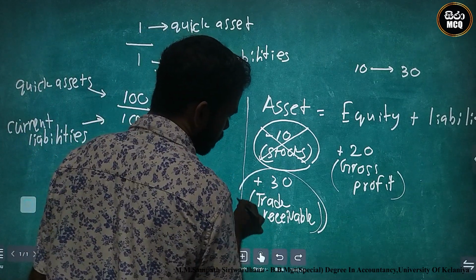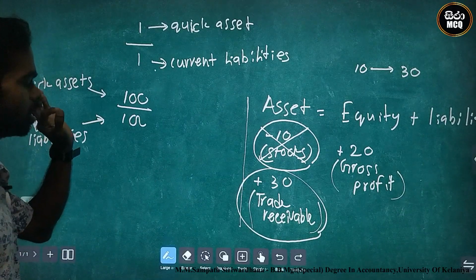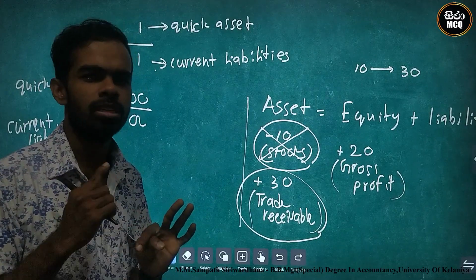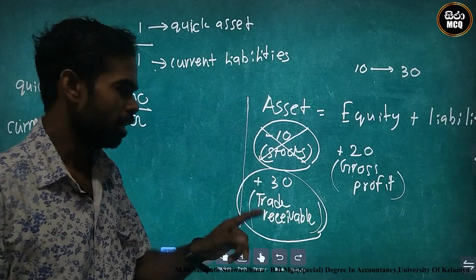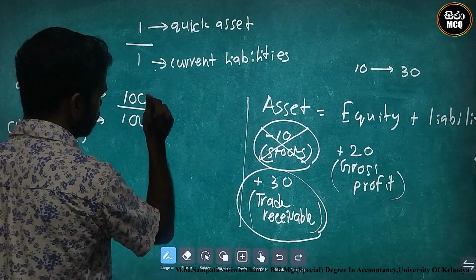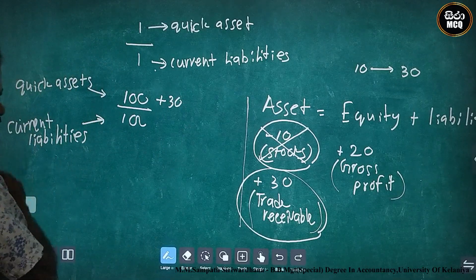Trade receivable is an asset, and it is a quick asset. Why? Quick assets include trade receivable, cash, and petty cash, but not stocks and prepayment. Therefore, trade receivable impacts quick assets. This is plus 30, therefore I add. There is no impact to current liabilities.